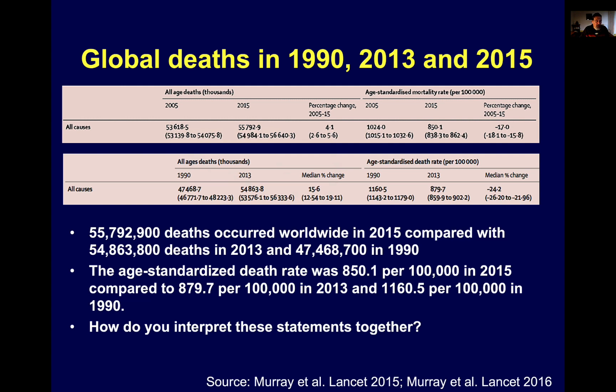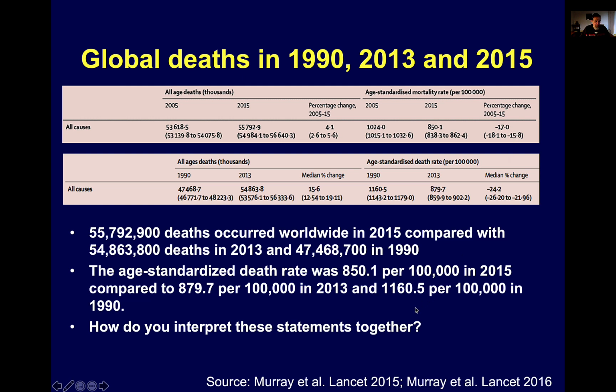And what we're also seeing here is that the age-adjusted death rate has gone down over that same time period. So we're seeing two things, right? We're seeing a slight increase in the number of deaths, and a fairly substantial decrease, 17% change in the death rate after accounting for age.